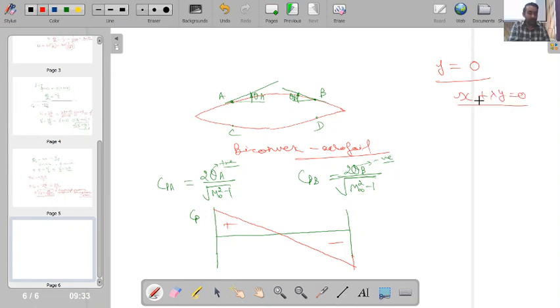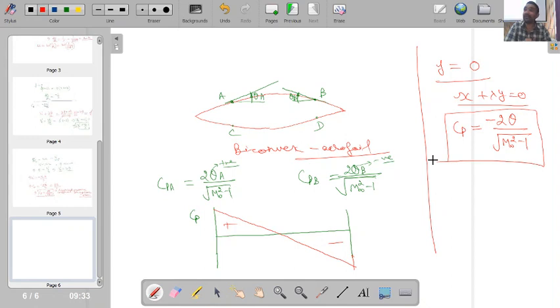When we go with this plus sign, ultimately I will find that for the bottom portion my Cp formulation will be minus 2 theta by root of M infinity square minus 1. Is this point clear? So if you calculate for the bottom portion, the value of Cp should be minus 2 theta. Now you can verify also over here.